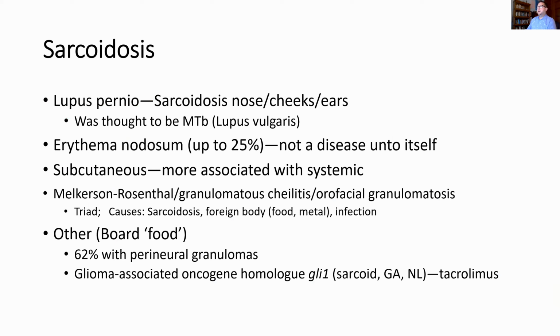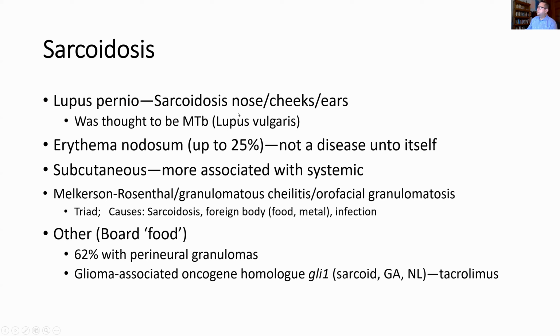So a few other details about sarcoidosis. Know the term lupus pernio. When I trained, when we said lupus pernio, we thought it was lupus vulgaris, tuberculosis involving the nose, cheeks, and ears. But I think the current thought is that it's almost always sarcoidosis.